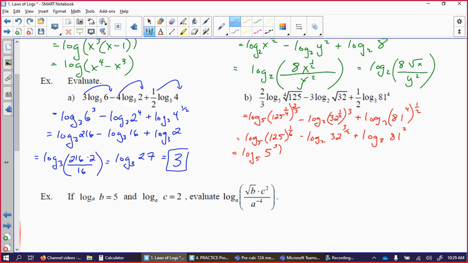That's 5 cubed to the 1/6 minus 2, 4, 8, 16, 32. Log base 2 of 2 to the 5th to the 3 halves. Log base 3 of 3 to the 4th squared.